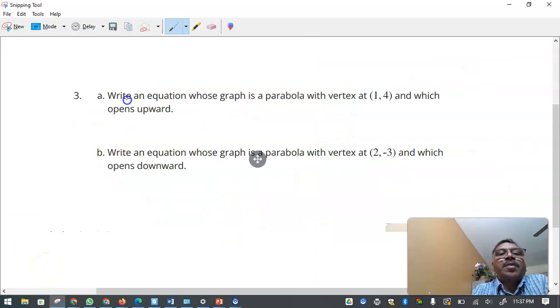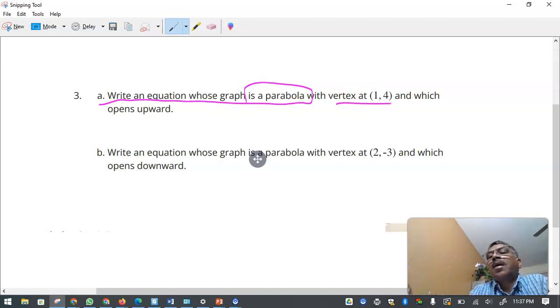So here you're supposed to write an equation whose graph is a parabola. Now what is a parabola? And this one they give you the vertex. Now to write the vertex form, the formula is y equals a times x minus h the whole square plus k, where h and k is the vertex. So they give you 1 and 4, so all you do is plug it in.